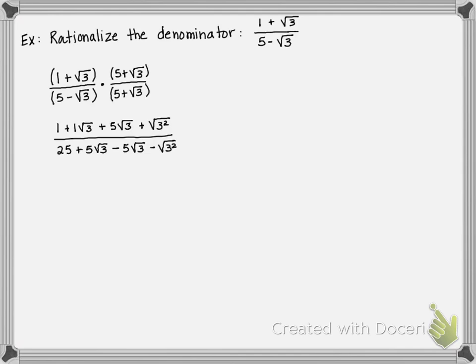Notice we're not canceling anything because there's terms, right? There's addition, subtraction. So now in the numerator, I have 1 plus 6 times the square root of 3 plus 3. I combined like terms right here.